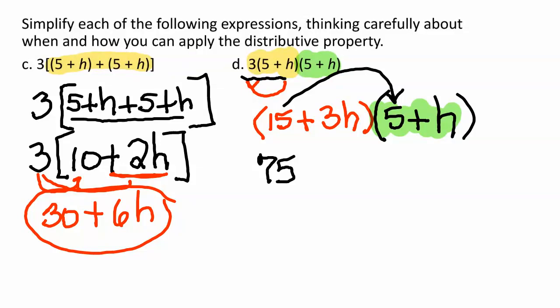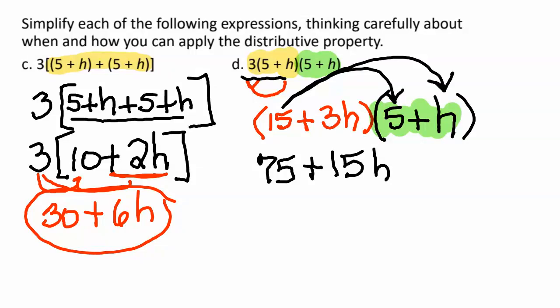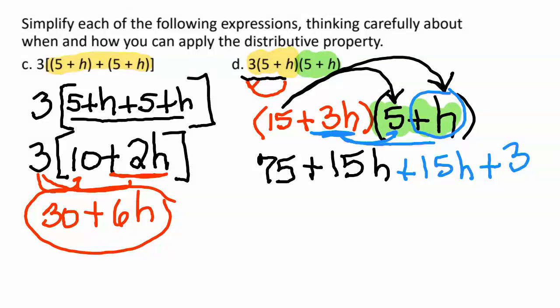This 15 is multiplying by H to give me 15H. Now, this 3H positive is multiplying by 5 to give me 15H. 3H times H gives me plus 3H squared.